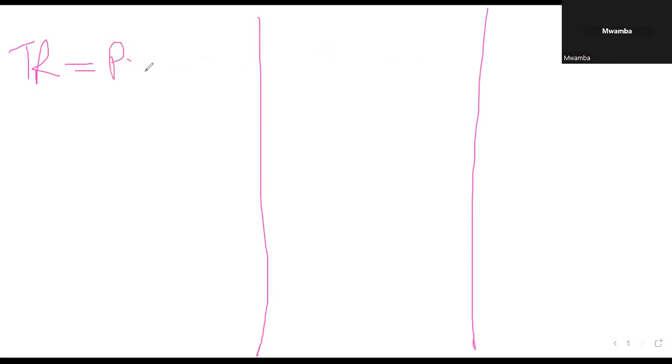All right. So let's go to revenue analysis. How do we find the total revenue? What's the formula for total revenue? Price times quantity. Excellent. How do we find the average revenue?